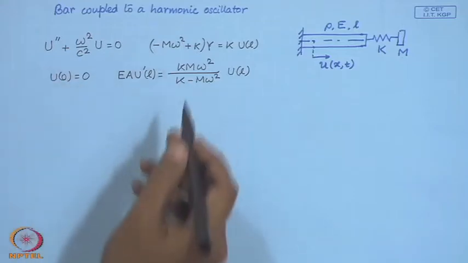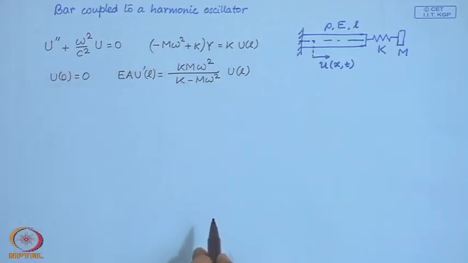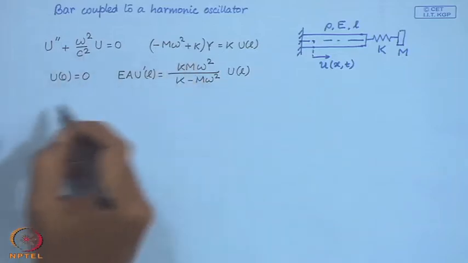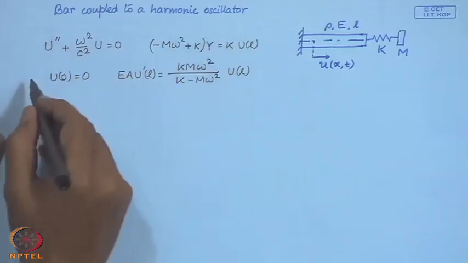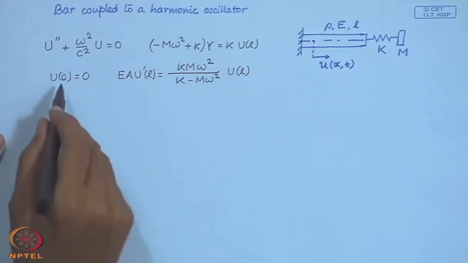So, once again for mode j and mode k, these are the two differential equations and these are the boundary conditions for the bar.